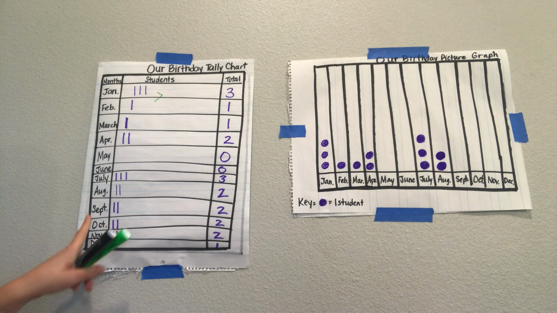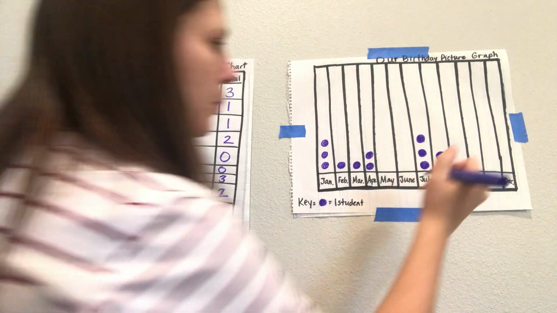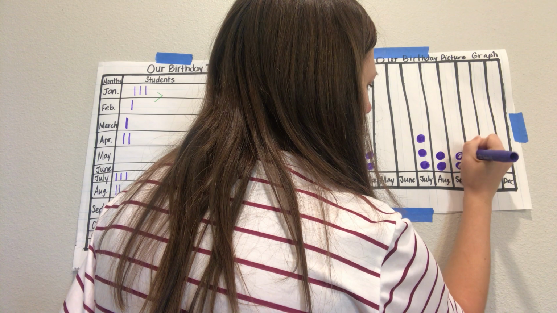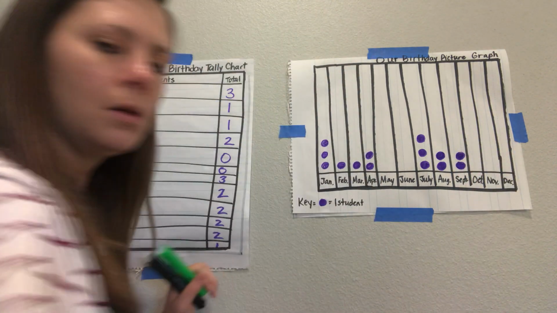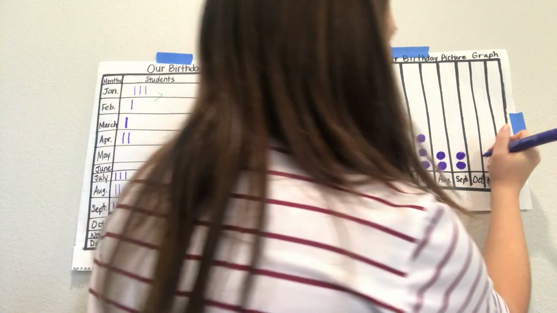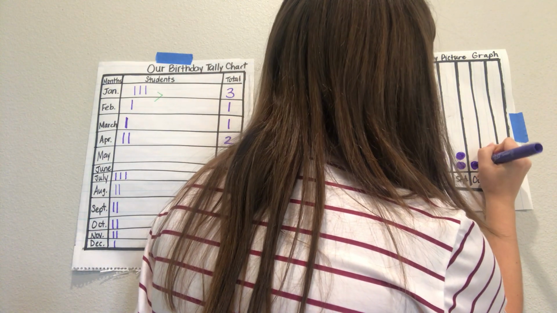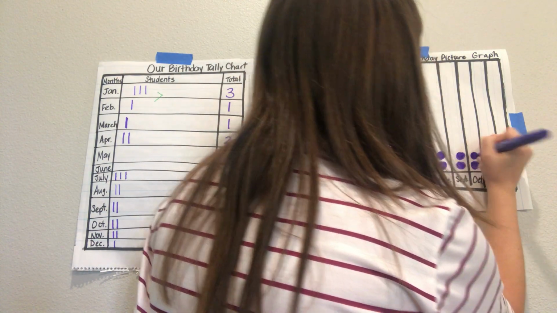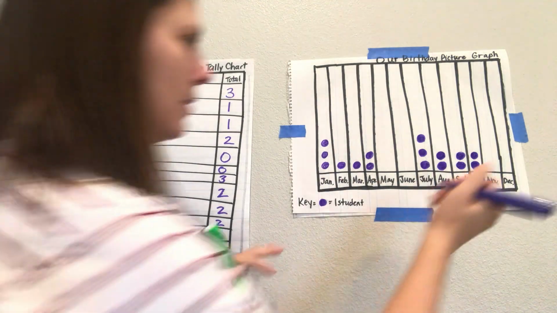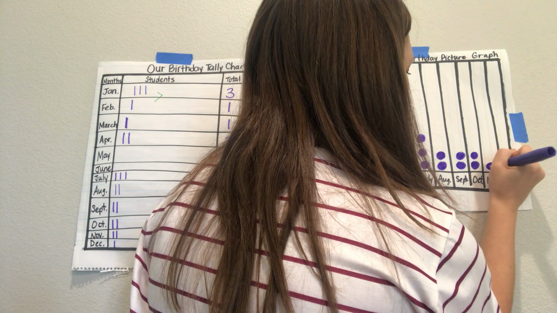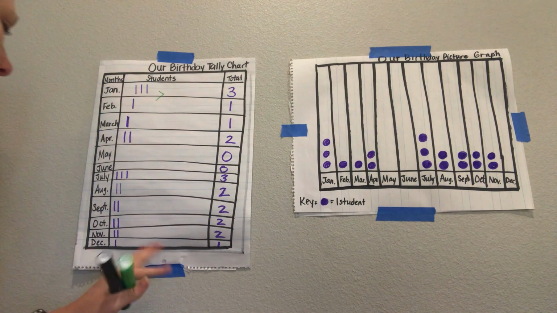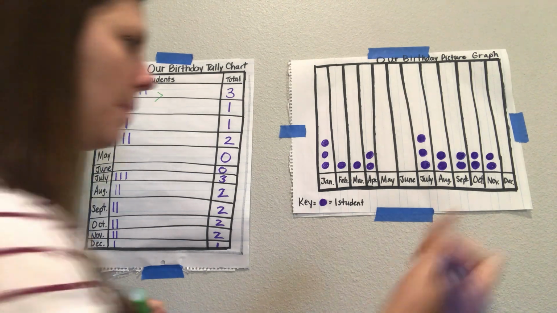September had 2. October, 2 birthdays. We're getting into those months where we have 2 students each. November, 2 birthdays. So we're adding to our picture graph. And December, 1 birthday.